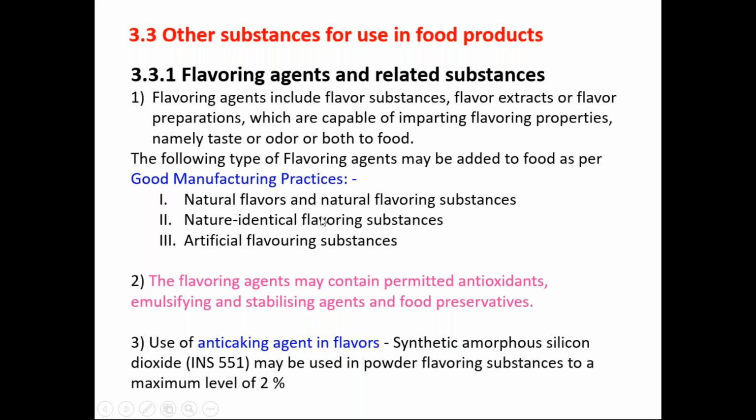These flavoring substances, which are extracted from different natural compounds or are synthetic, also have standards. The flavoring agents are permitted to contain antioxidants, emulsifying and stabilizing agents. You're also allowed to use anti-caking agents in flavor, and the only anti-caking agent which is allowed is amorphous silicon dioxide with the INS number of 551, and it can be used at a maximum level of 2%.